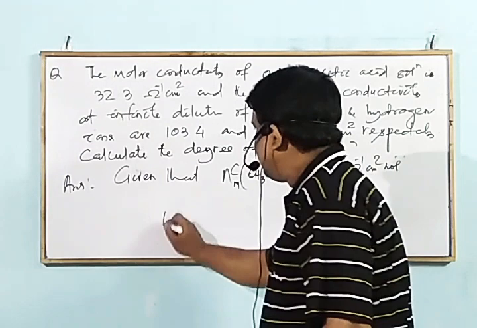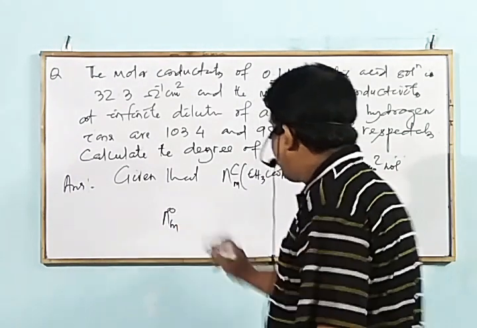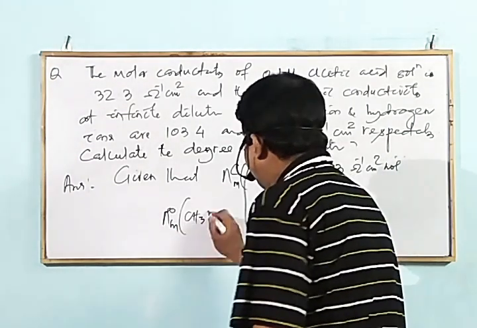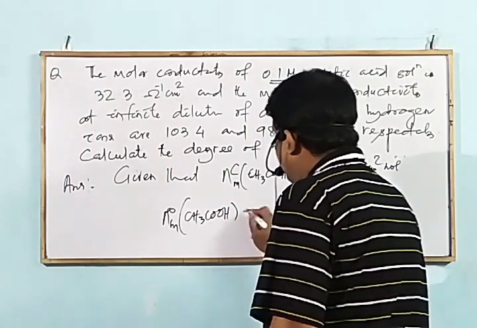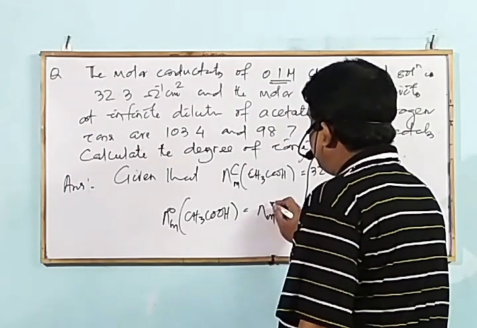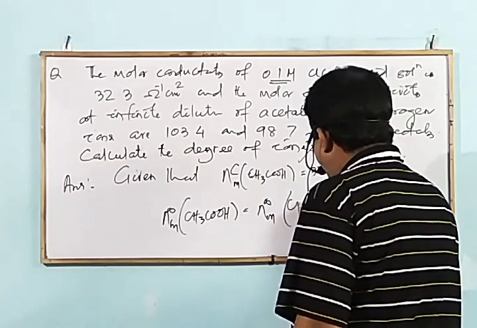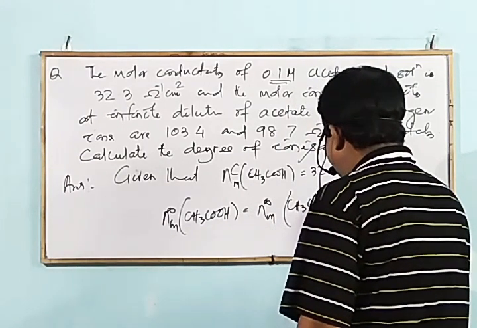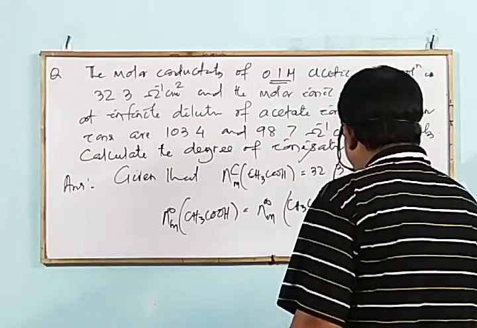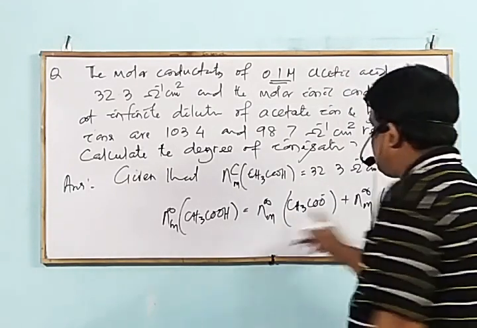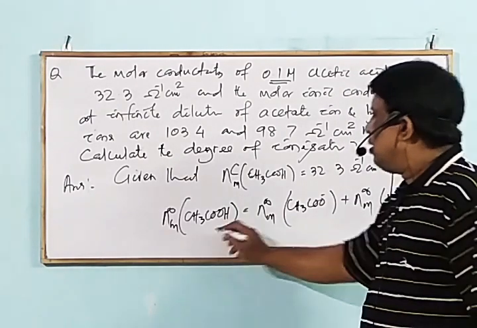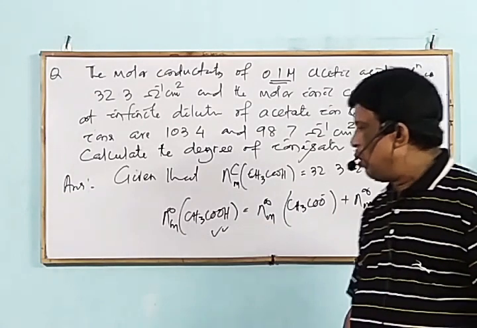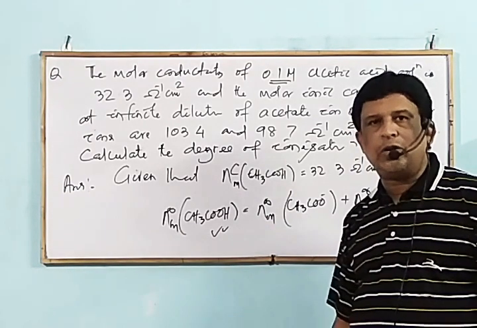That means molar conductivity at infinite dilution of acetic acid is equivalent to the ionic conductivity of acetate ion and the molar ionic conductivity of H plus ion. These two values are given, so one is able to calculate the molar conductivity at infinite dilution of acetic acid.